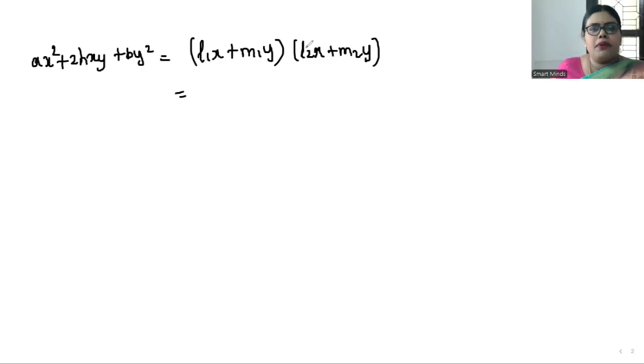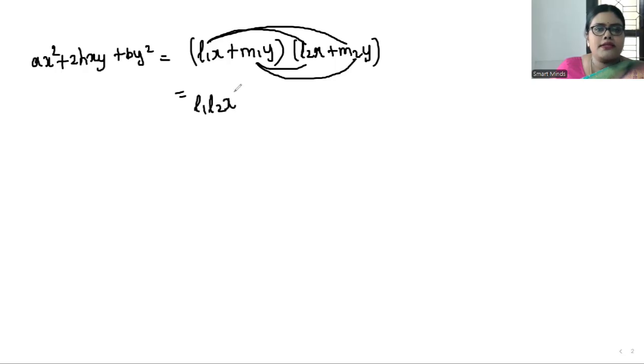Now let us multiply. How to multiply two binomials? This into this, this into this, this into this, this into this. So l1 l2 x square plus l1 m2 xy plus l2 m1 xy plus m1 m2 y square.